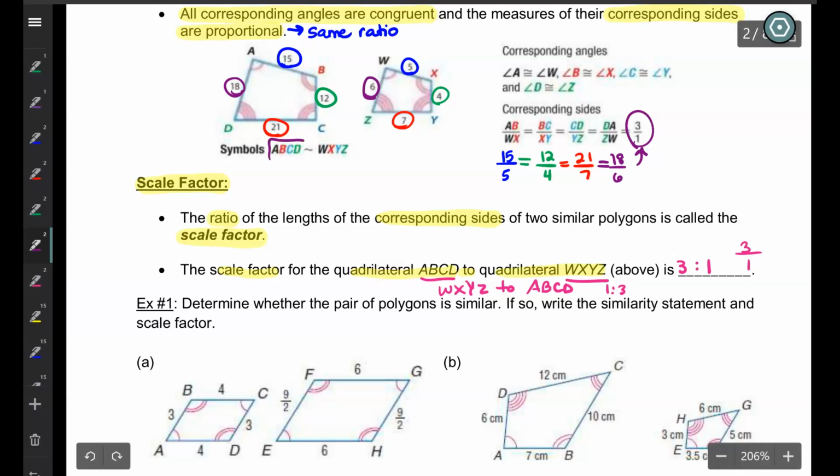So it's going to be ABCD similar to WXYZ. We have to make sure that the order matches, just like when we had congruent polygons. If A is the first letter, it has to correspond to its congruent angle, which would be W, and so on.